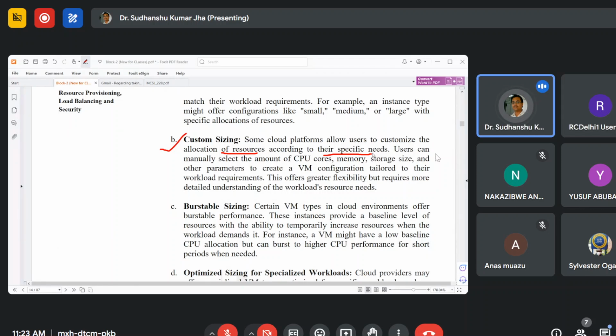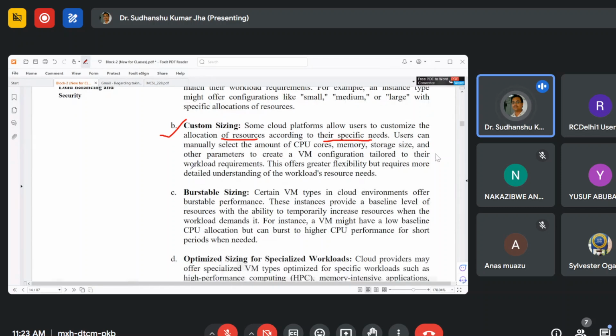But there is a problem. The custom staging looks better than the fixed staging approach. But the problem with the custom staging is that the customer should be technically sound to estimate how many resources the customer requires. That is one of the biggest challenges with the custom staging.